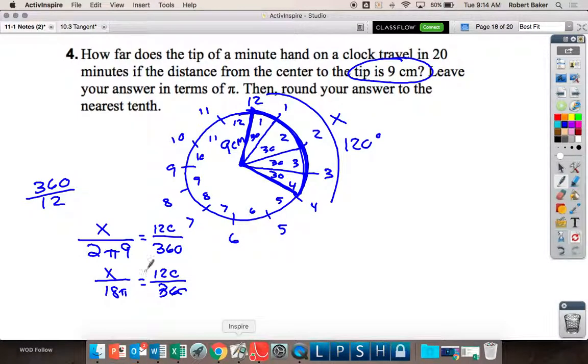So when I cross multiply this way, I get 2,160 pi. When I cross multiply this way, you get 360x. Divide both sides by 360.